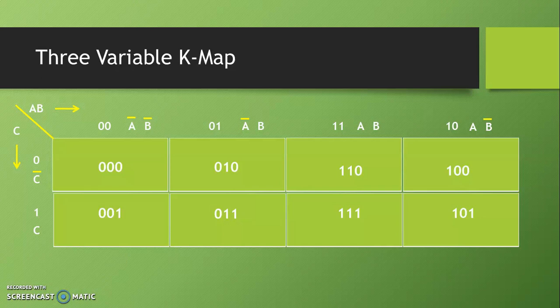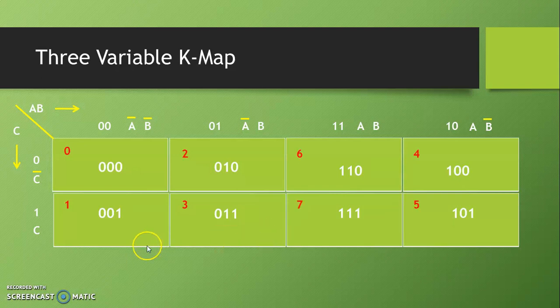In the same way, for 1 1 1 it is A, B, C, and we can verify that from this table. And if we write the equivalent decimal number, for 0 0 0 it is 0, for 0 0 1 it is 1, then 2, 3, 4, 5, 6, and for 1 1 1 it is 7.